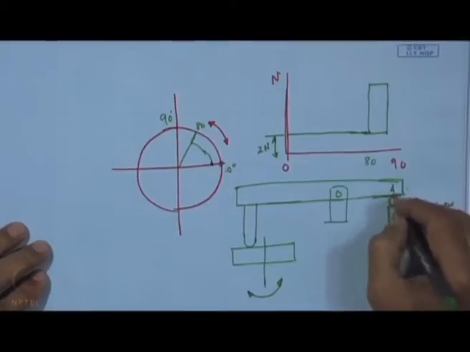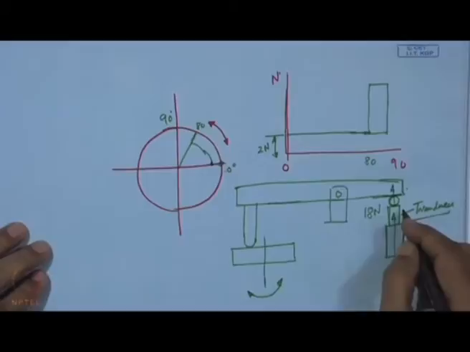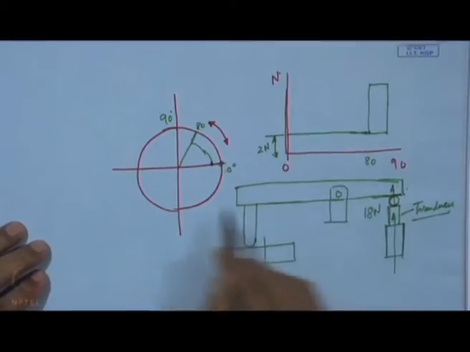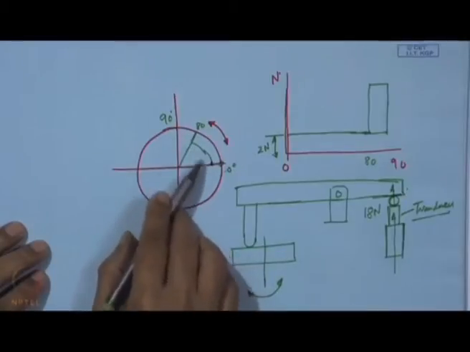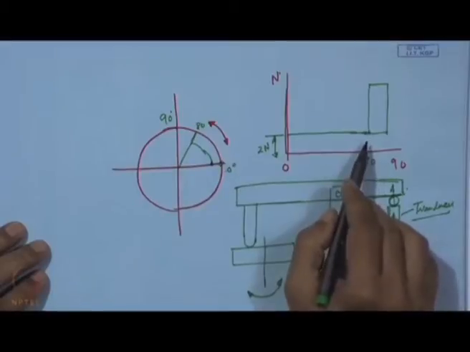So, this 18 Newton comes from this side, it is an additional load, and this load is applied when this rotation, when this oscillation is just up to 80 degree.